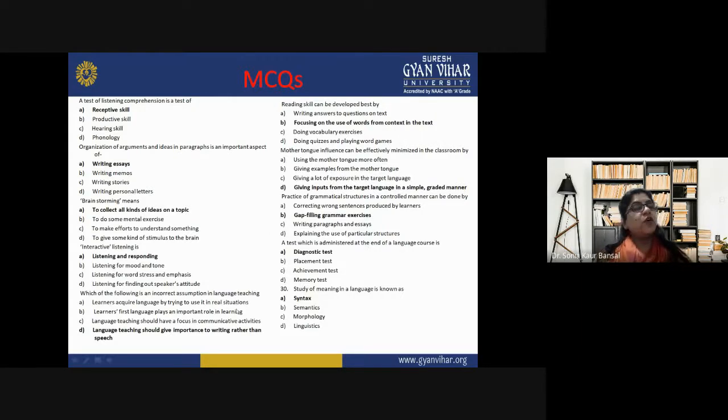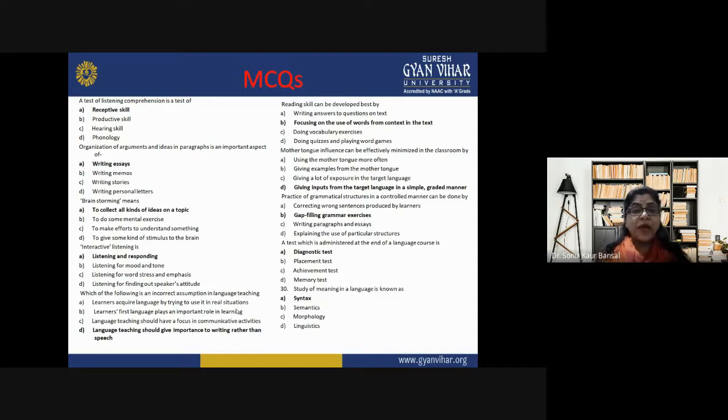Then next is, reading skill can be developed best by, yes, of course, focusing on the use of words from context in the text. Mother tongue influence can be effectively minimized in the classroom by giving inputs from the target language in a simple graded manner, which we have studied just now. Now, it's about practice of grammatical structure in a controlled manner, which can be done by, yes, of course, gap filling grammar exercises.